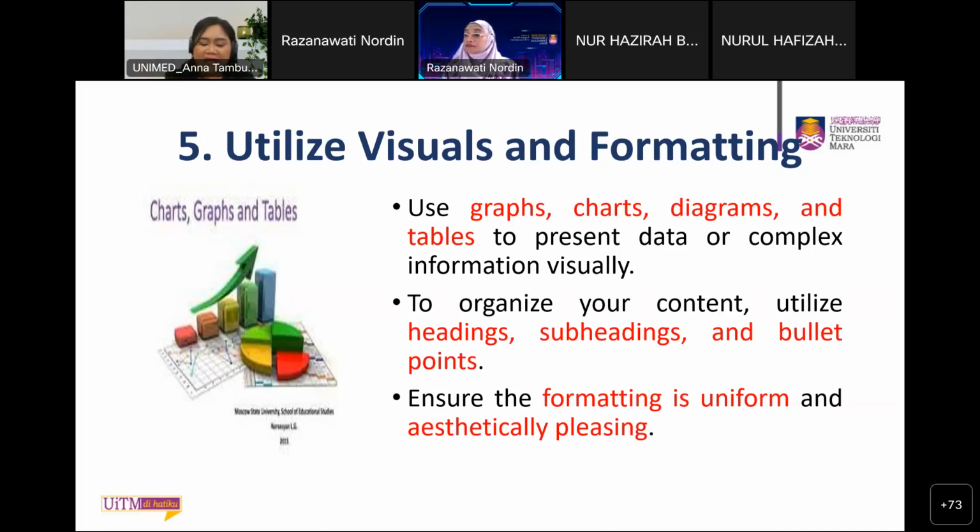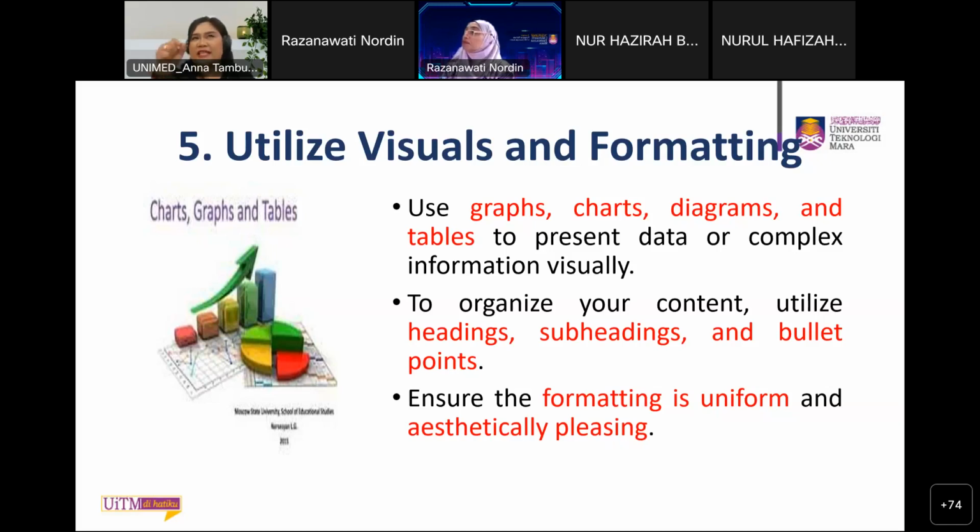Now use headings, subheadings, and bullet points to organize your content. So you have to ensure that the formatting is consistent and visually appealing. So in our desktop, our computer, our laptop, there are various smart tables.